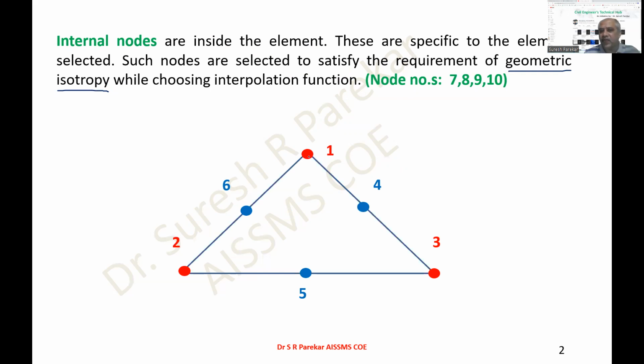So red is primary, blue is secondary, and now the internal nodes are shown in green as 7, 8, 9, 0. So these are the node types: external, internal, and then primary and secondary.